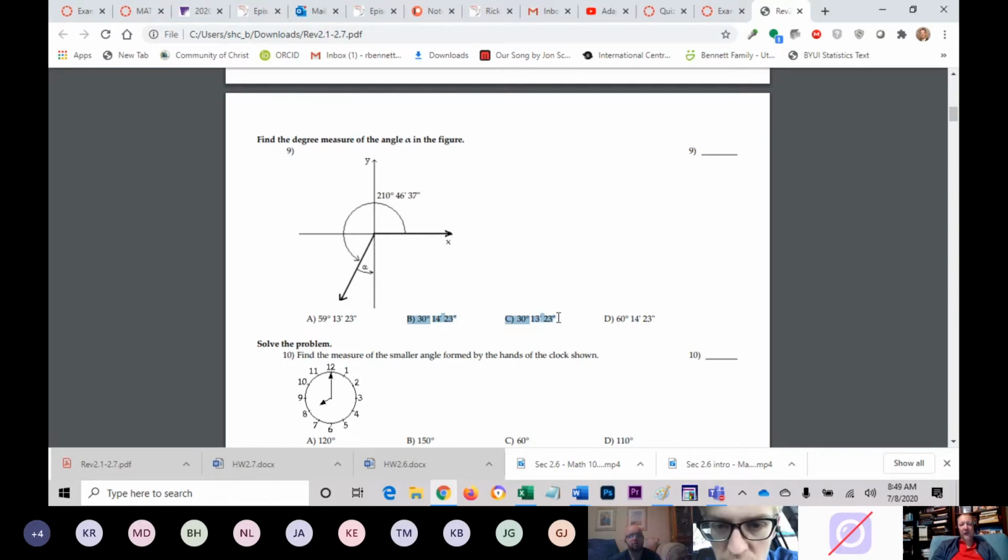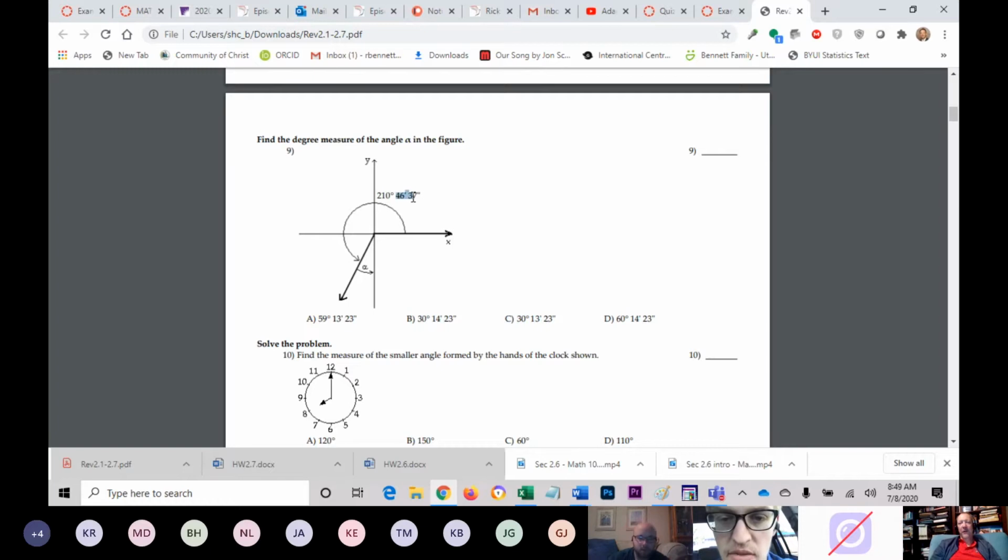Yep. And we know that both of the minutes and the seconds are going to add up to be 60. So we just have these last two, so it's going to be A, because when you add it all up, including the minutes and the seconds, it's going to give you that.